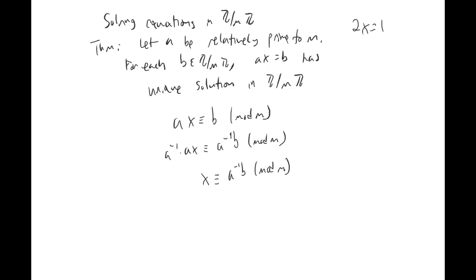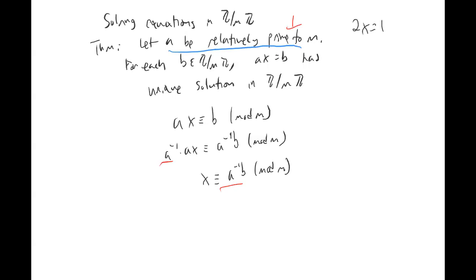So now you see why we need this part. When you're relatively prime to m, what does that guarantee? It tells me the inverse exists. It's a unit. If we didn't have this assumption, it might not be possible to multiply by a inverse, because a inverse need not exist. Everyone clear on this so far?